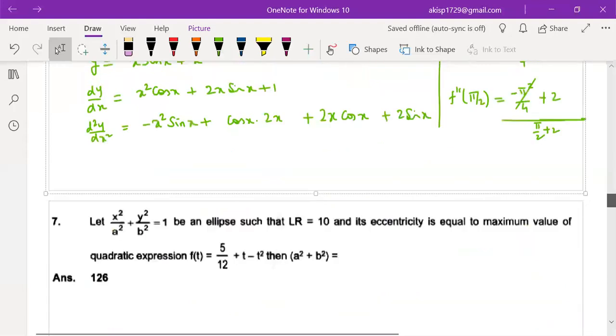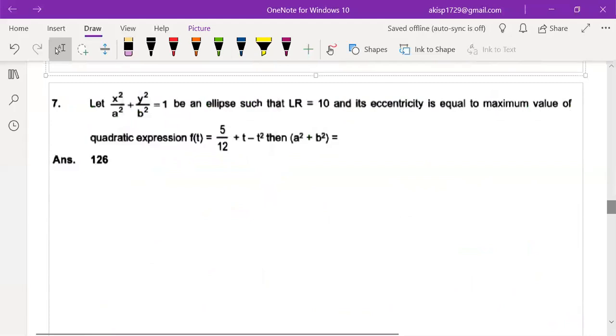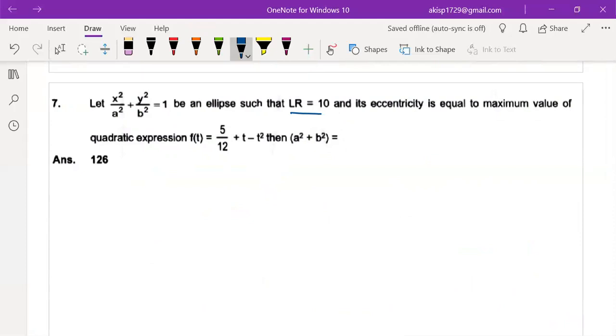Okay, moving on to the next question. So what is given here is that it's an ellipse with latus rectum 10. We know the length of the latus rectum is nothing but 2b square by a. So this is given to us as 10. So this implies basically b square is nothing but 5a.